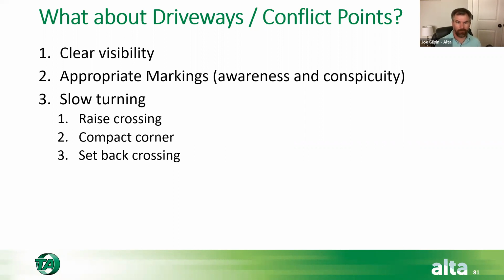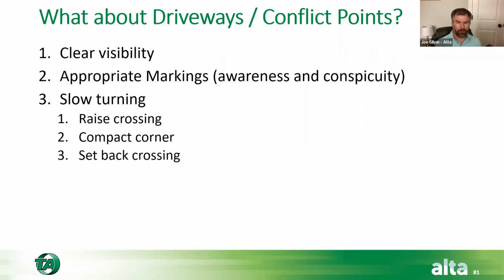And that may involve some level of combination between markings, signage, and other things that we can do to mitigate that point. So can we do things that slow traffic down when they're moving across that bikeway? So everything from our corner geometry to providing some type of traffic calming through a raised device, maybe we'll show some examples of that.